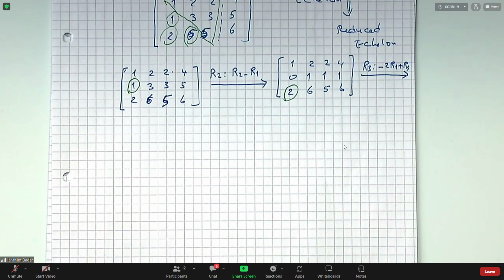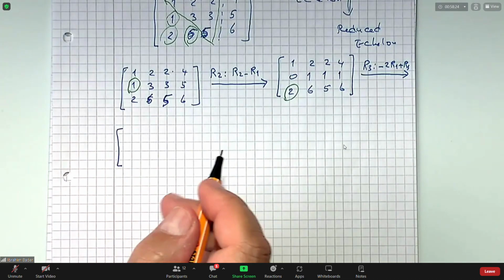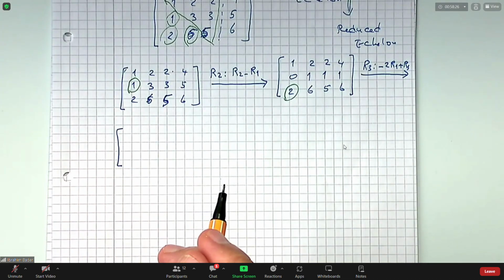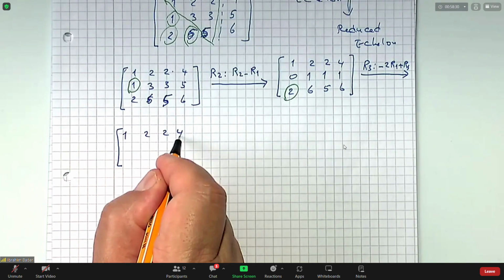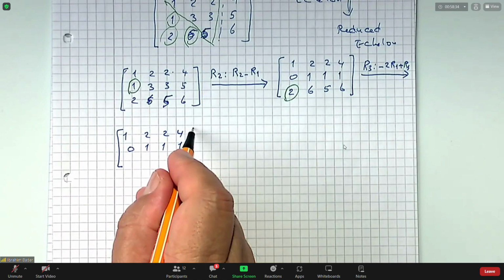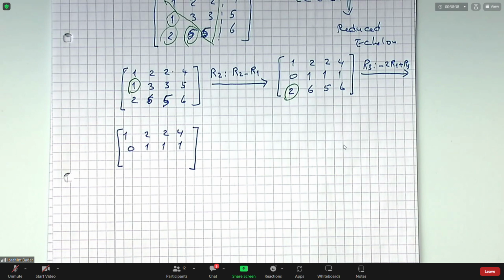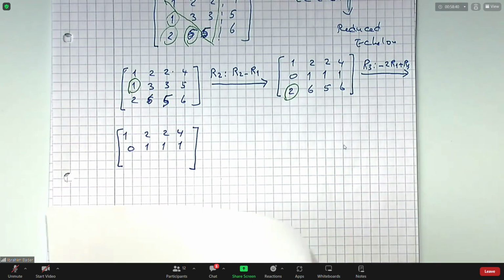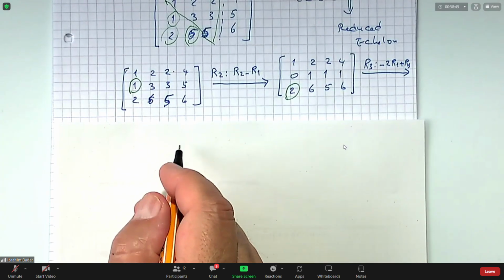Okay, so what I will be getting there, I will leave row 3 here: 1, 2, 2, 4, 0, 1, 1, 1. And here, what I will get for row 3. So we said that, don't forget the scratch paper here. It's negative 2R1.